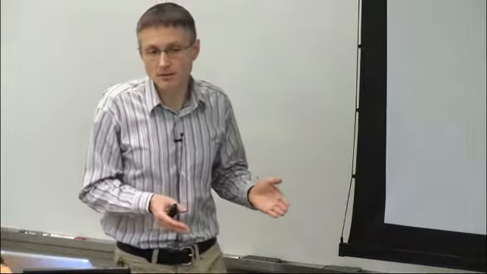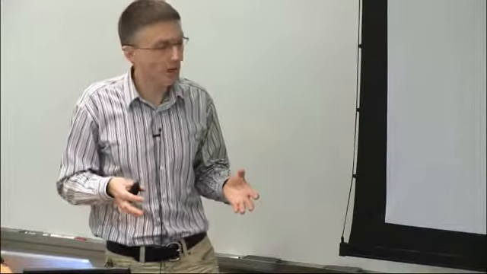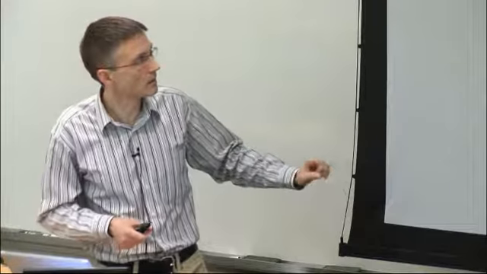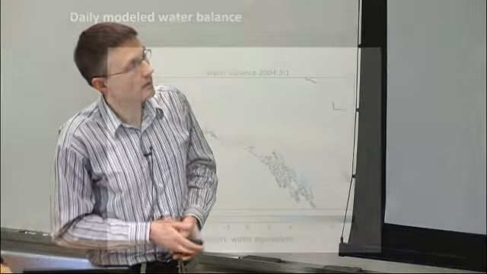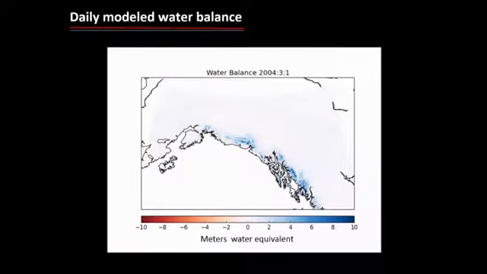It's like a weather forecast model, but applied to past conditions. So it calculates all the physics of the atmosphere, but it also assimilates observations at the stations to give you a best estimate of the past 30 years of climate or so. And that gets fed into the model, and then we get things like an estimate of the water balance at our location of interest.